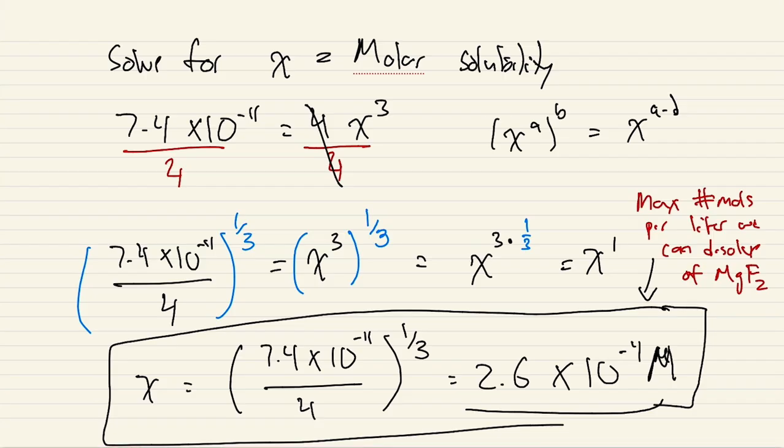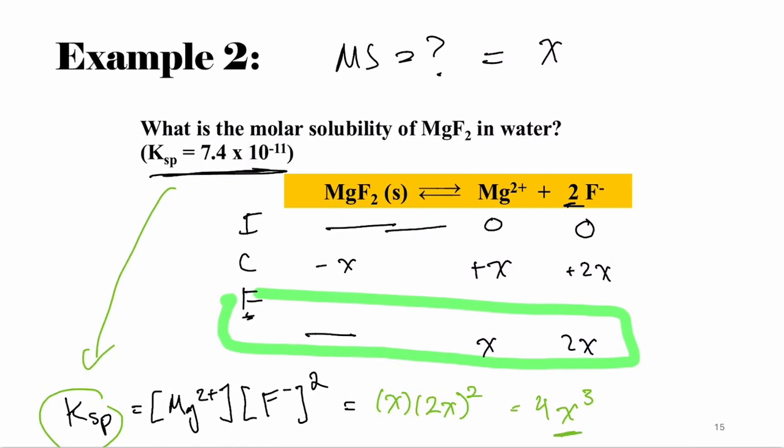Either you're given the molar solubility and solve for KSP, or you're given the KSP and you solve for the molar solubility. Both of those just involve setting up an ice table to get an expression that relates those two things, right? So the main idea is just to relate KSP and X.